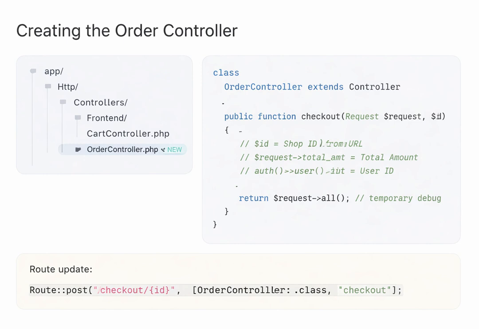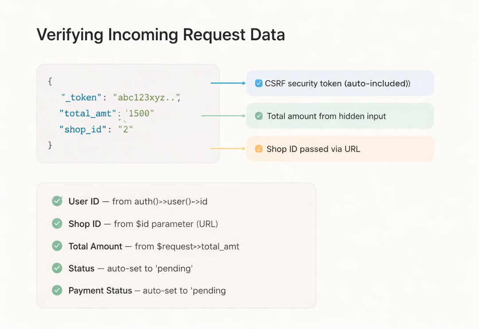As a first step, the function simply returns the request data, so we can verify what's coming through before writing the actual save logic. After submitting the form and temporarily returning the request data, the instructor can see exactly what's coming through. The CSRF token is there, the total amount is there, labeled as total_amount, and the shop ID is also present.